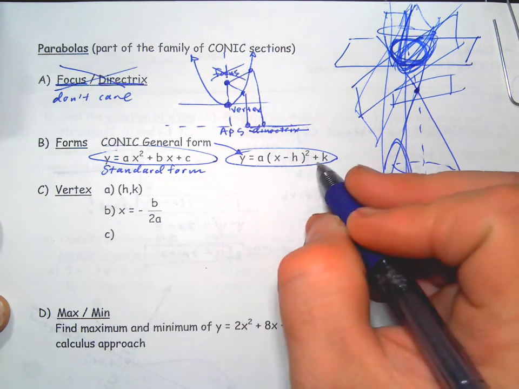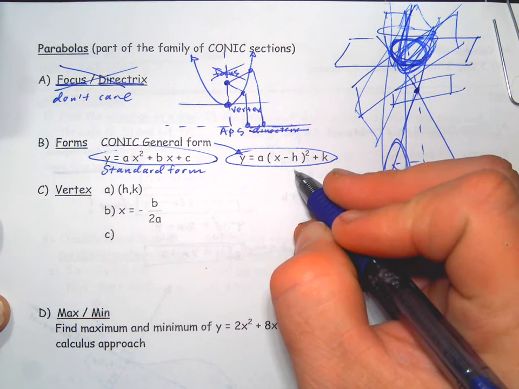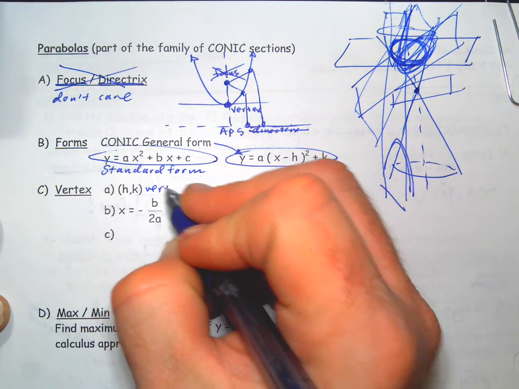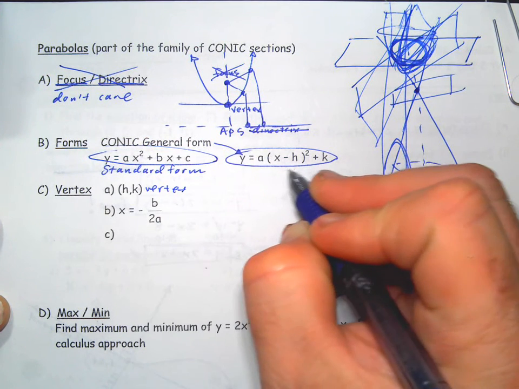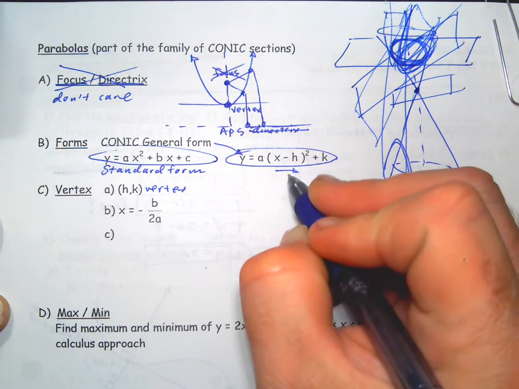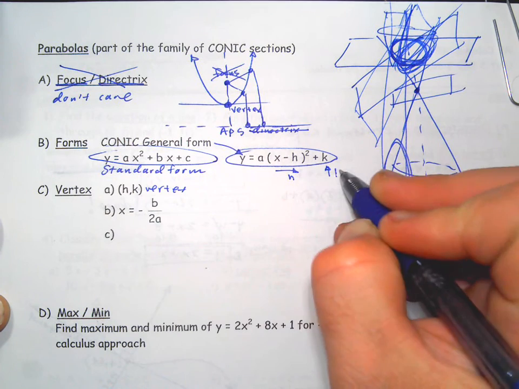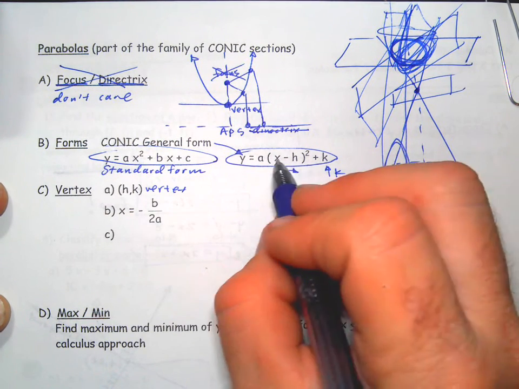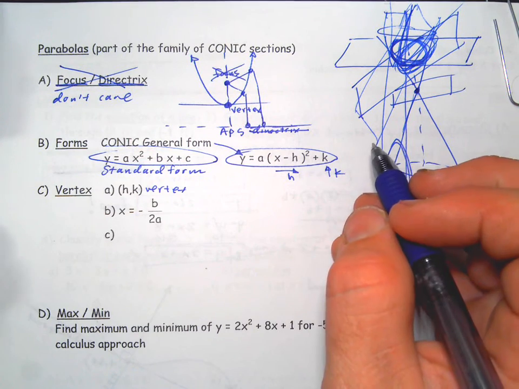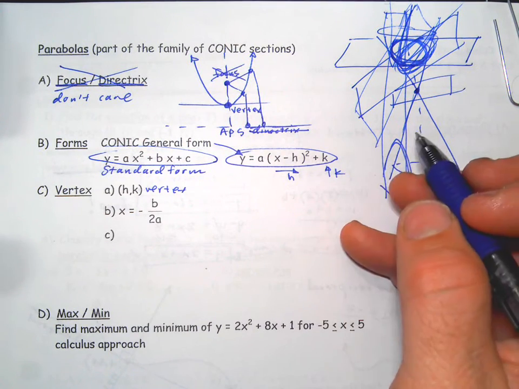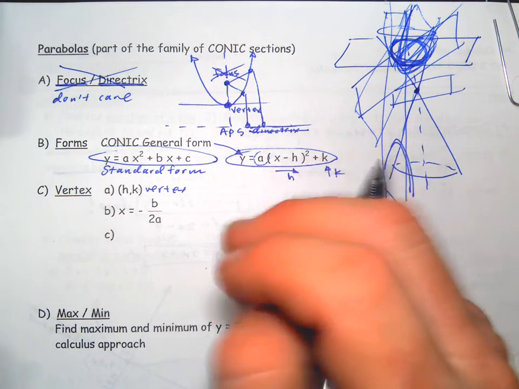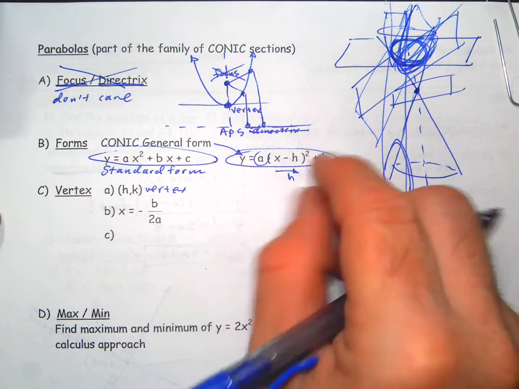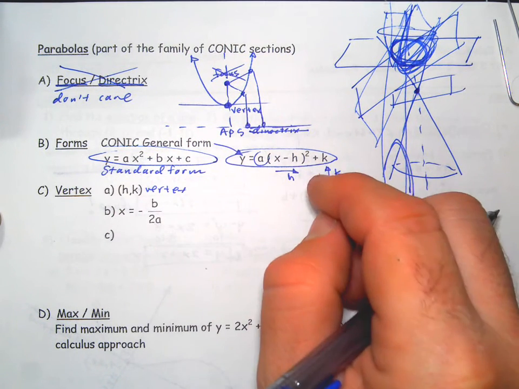This is really useful because the h and the k end up being the vertex of the parabola. They give you the horizontal shift and the vertical shift. If there's no shift, then the vertex is at 0, 0. If you shift it to the right h and up k, the vertex, instead of 0, 0, is at h comma k. The a value is the stretch factor, the scale factor. So this is a nice form to graph from.